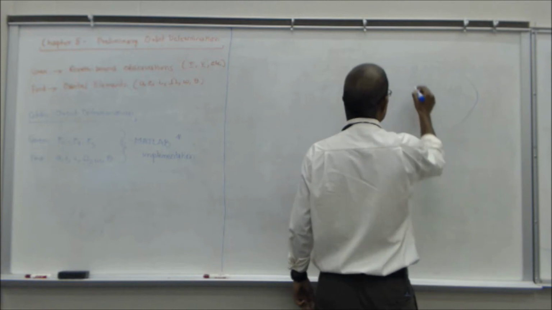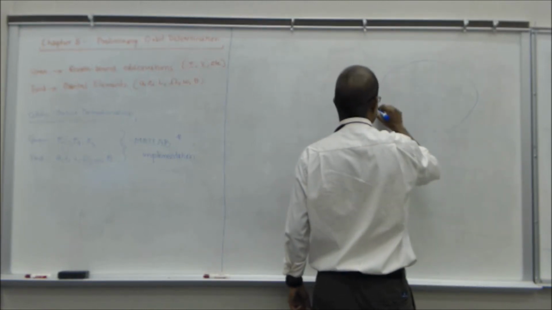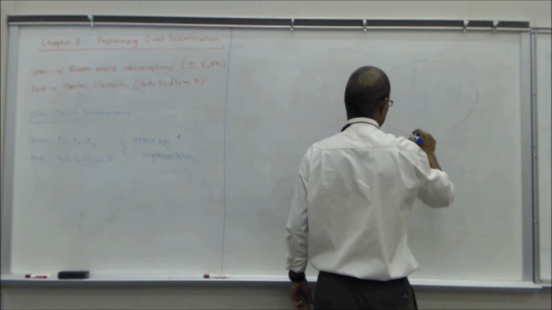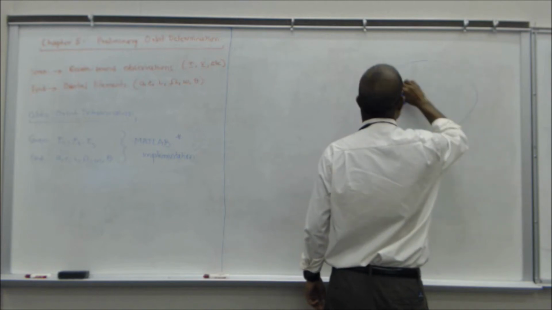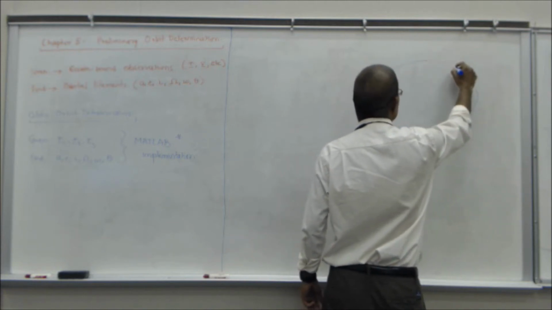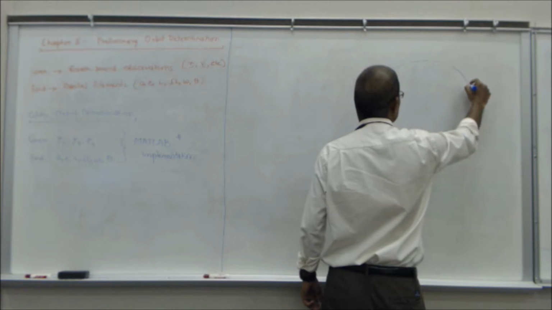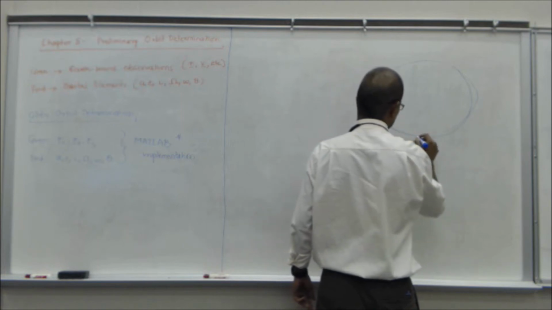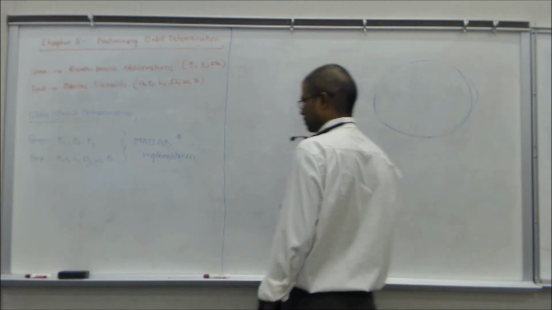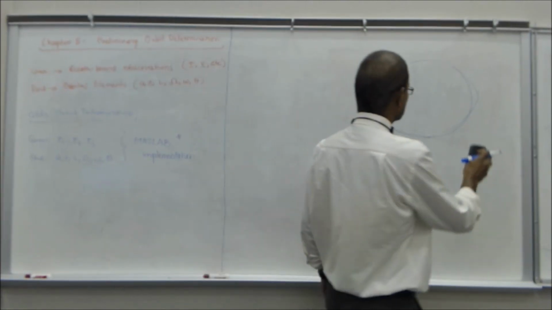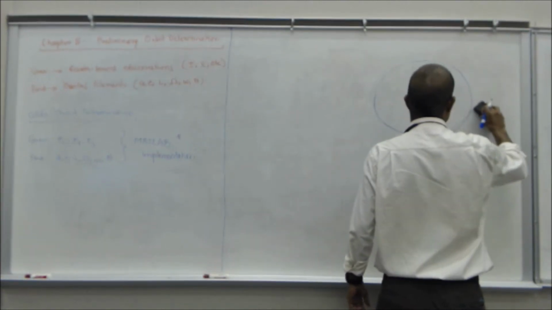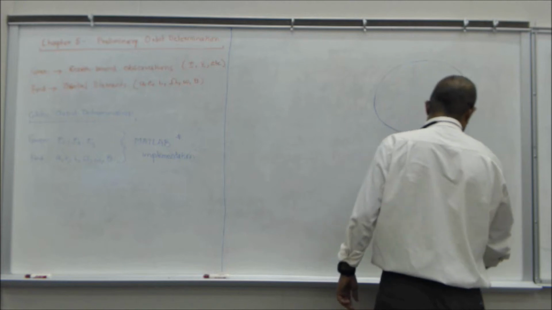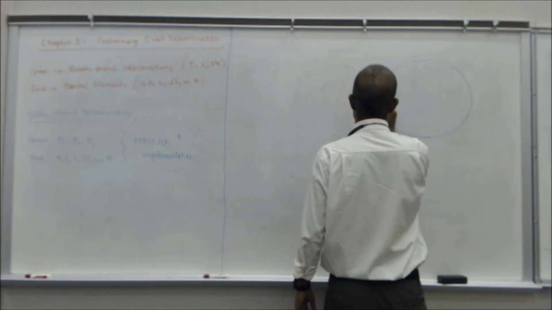If you're given three position vectors, what is the immediate thing you observe? Right, three positions, but all the three positions are?